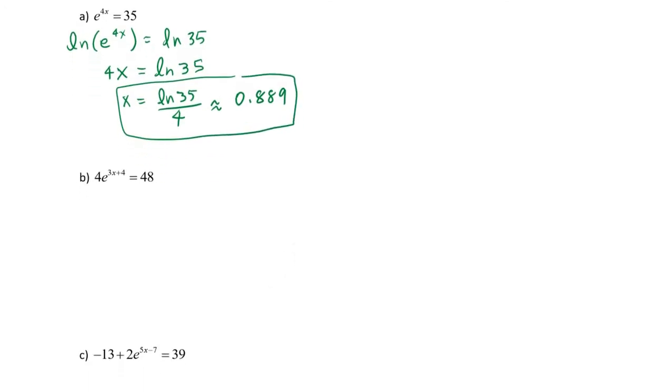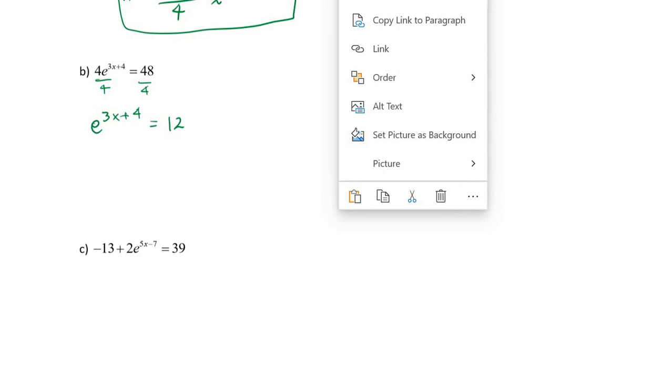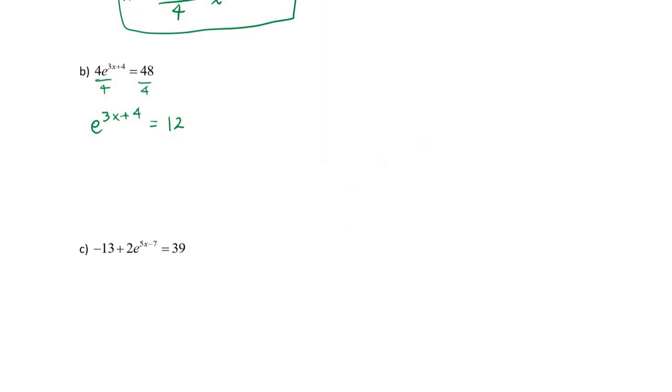Try B on your own, or you can keep watching. But I would start with simplifying. So divide by 4 on both sides. e to the 3x plus 4 equals 12. Then I'm going to take the natural log of both sides. When I take the natural log of the left-hand side, the only thing left is 3x plus 4.